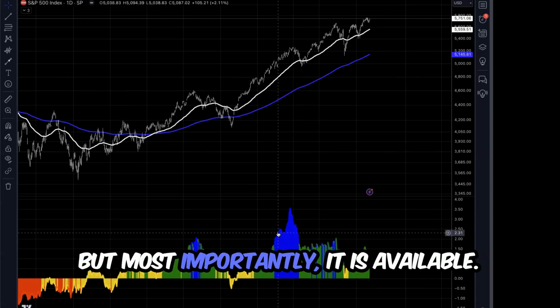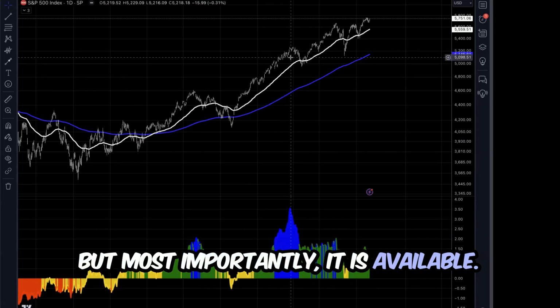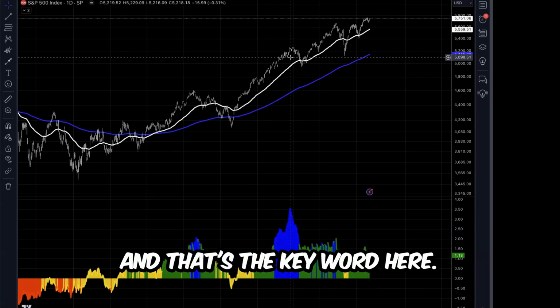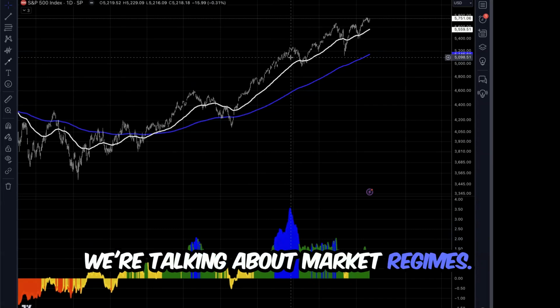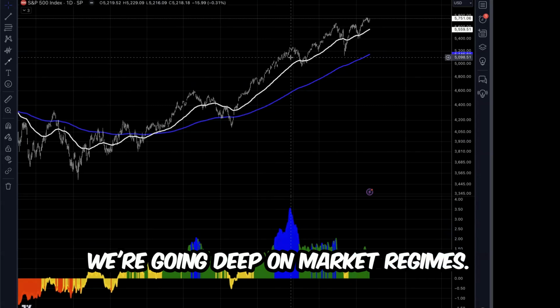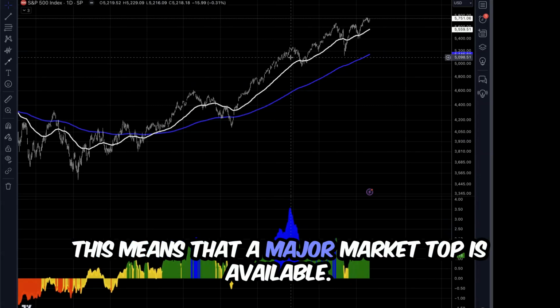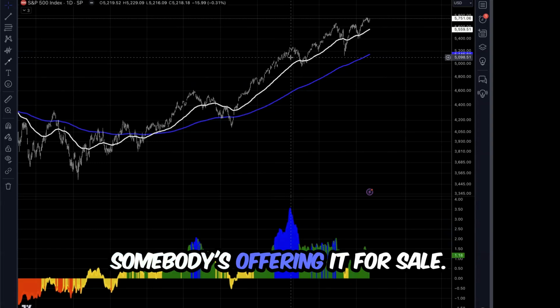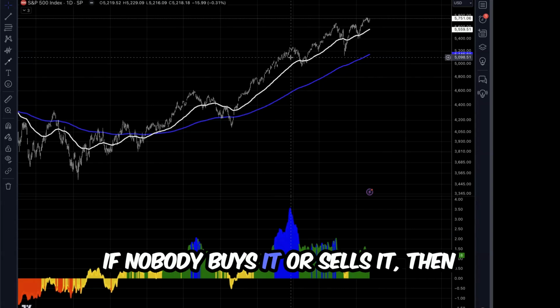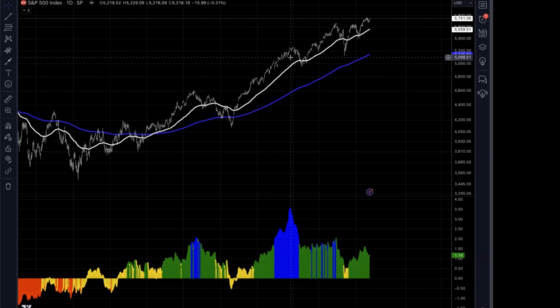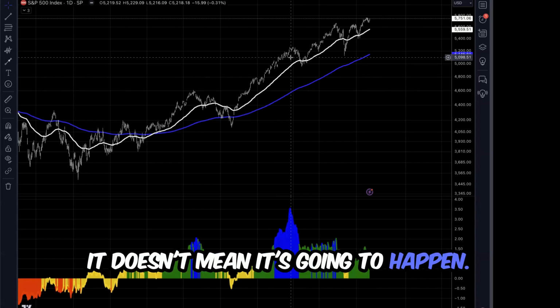But most importantly, it is available. That's the key word here. We're talking about market regimes. We're going deep on market regimes. This means that a major market top is available. Somebody's offering it for sale. If nobody buys it or sells it, then it doesn't mean it's going to happen.